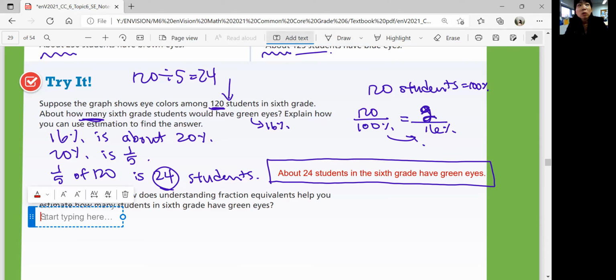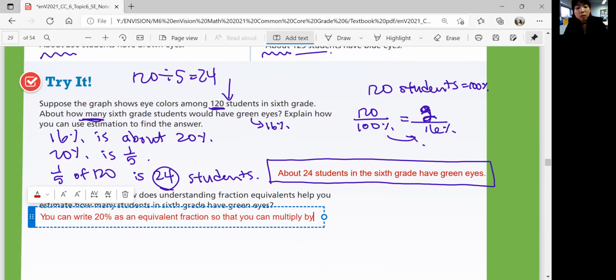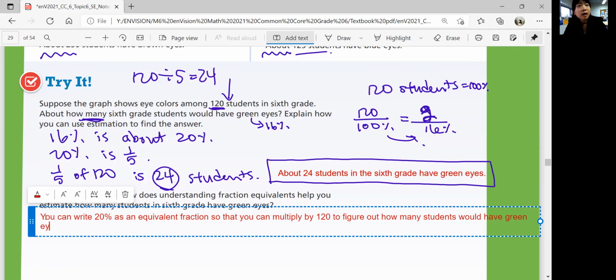So that you can multiply that fraction to 120 to get exactly how many students you have, right? So you can write 20% as an equivalent fraction so that you can multiply by 120 to figure out how many students would have green eyes.